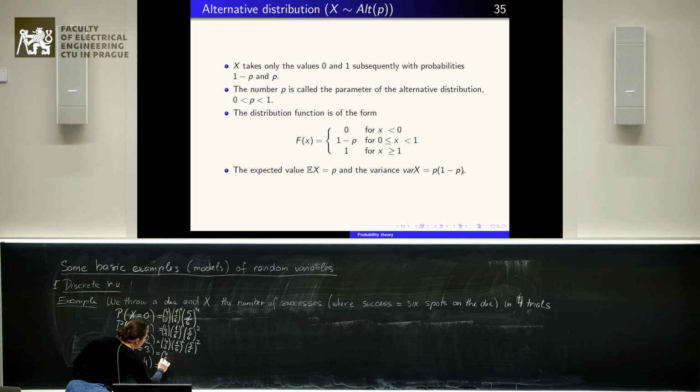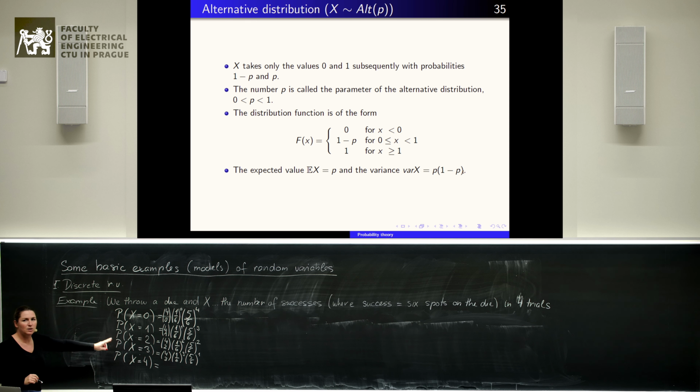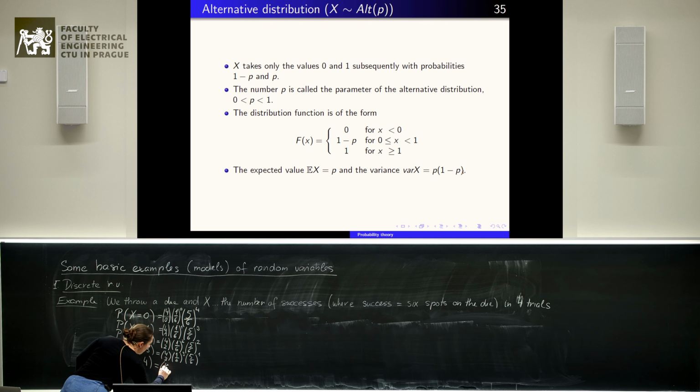And similarly, we can write 4 choose 3 times 1/6 powered by 3 times 5/6 powered by 1, the probability that the number of successes is equal to 3. And 4 choose 4 times 1/6 powered by 4 times 5/6 powered by 0.